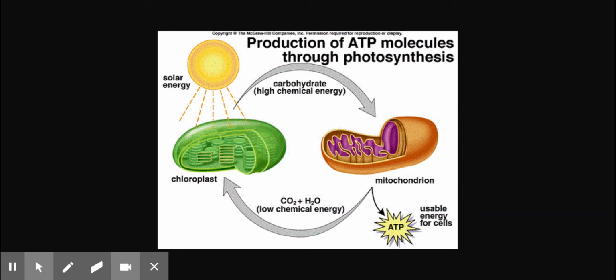This particular review is going to be on Unit 4, Topics 2, 3, and 4, which include photosynthesis, cellular respiration, and ATP use in cells. So photosynthesis is the process by which plants and algae and photosynthetic bacteria harness free energy available in sunlight.